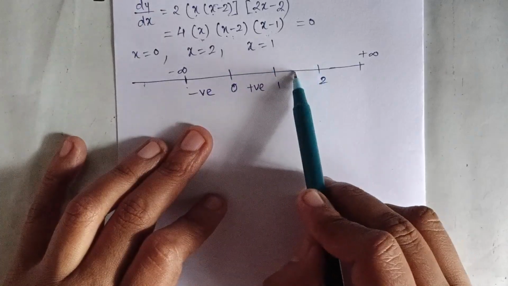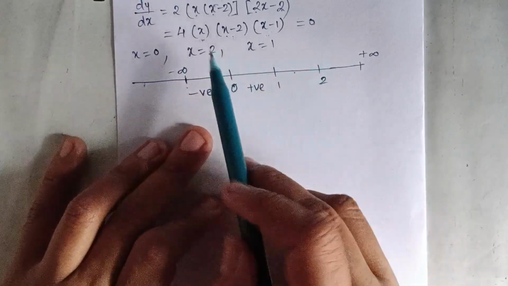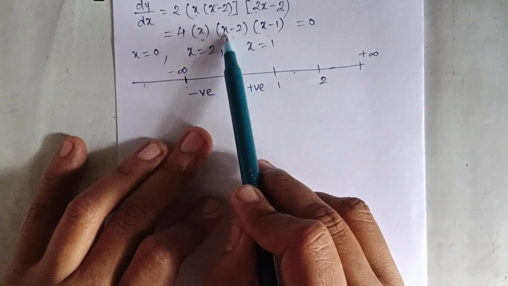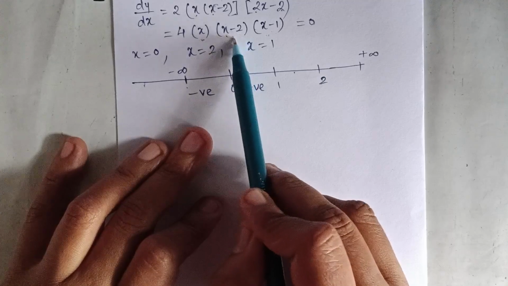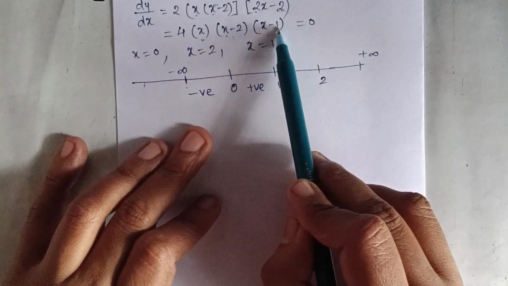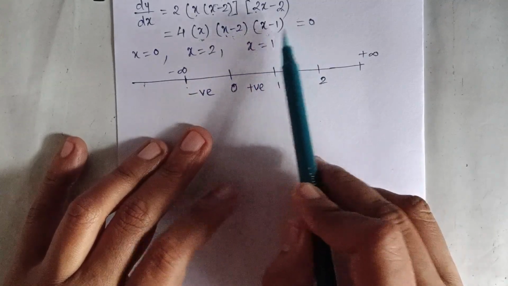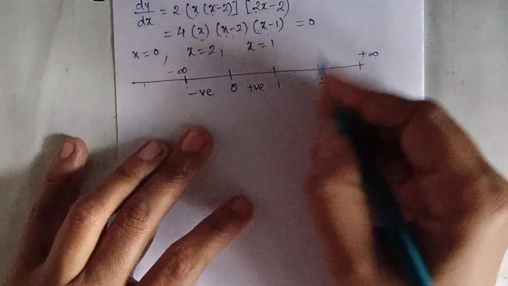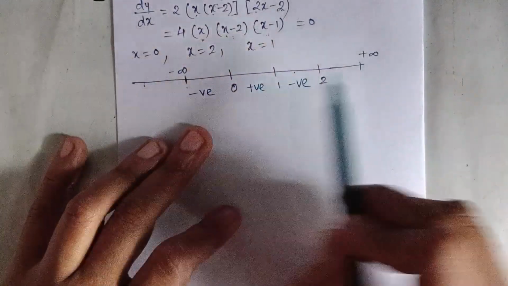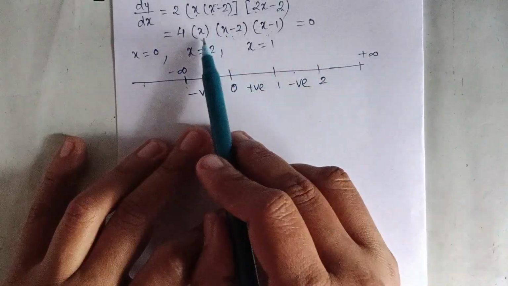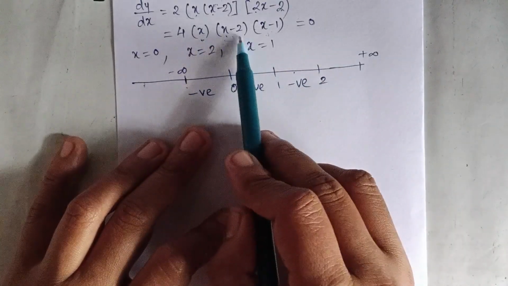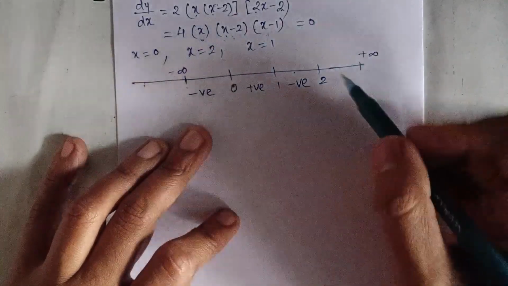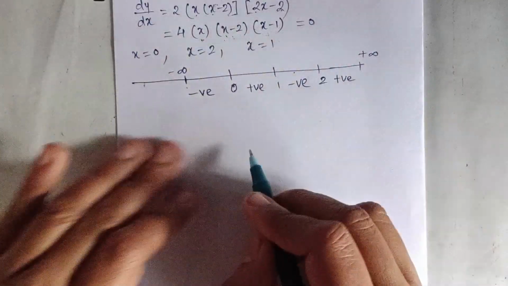Greater than 1, say 1.5: positive. 1.5 minus 2 will be negative. 1.5 minus 1 will be positive. So this is positive, negative, positive, negative. Then greater than 2, say 3. 3 positive, 3 minus 2 positive, 3 minus 1 positive. So this will be positive.